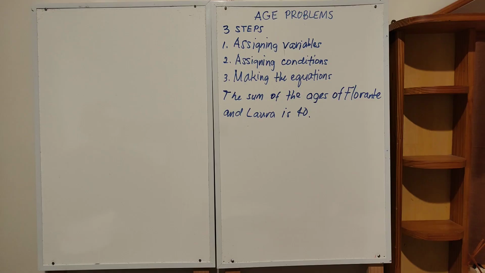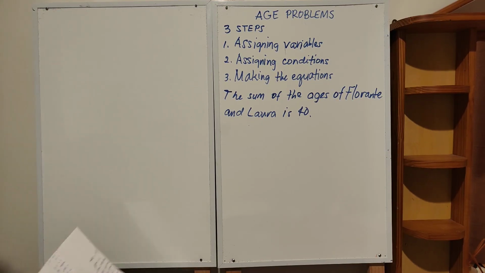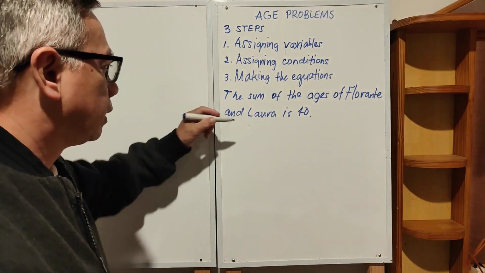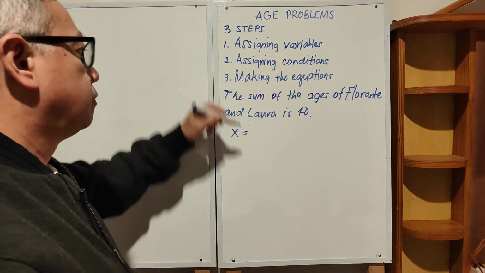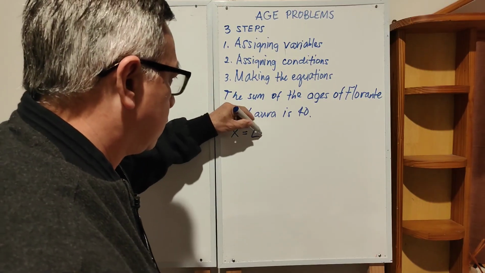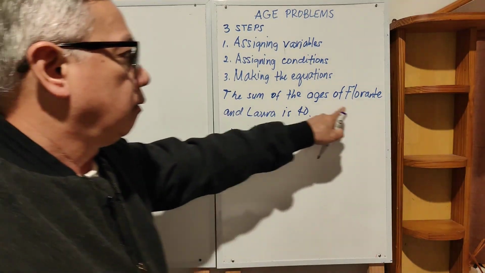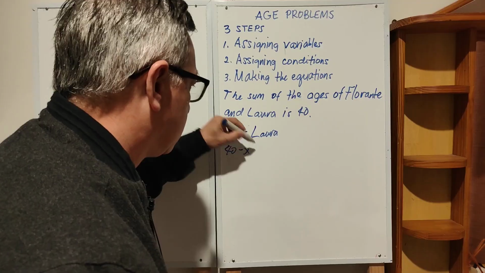Another example for step 1, the sum of the ages of Florante and Laura is 40. So you can assign X to either Florante or Laura. So let's say Laura is X, then Florante would be 40 minus x.